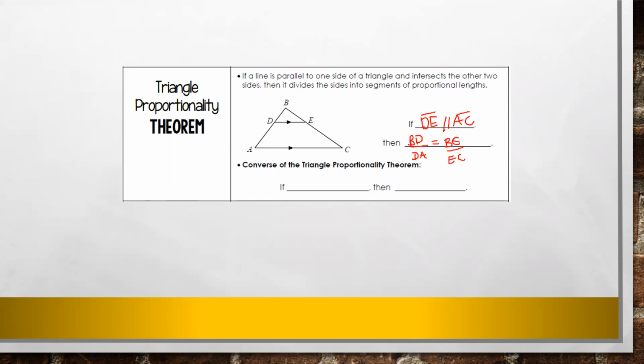I like to think of that interior parallel line as the fraction bar. So whatever this length is over this length will equal this length over this length.